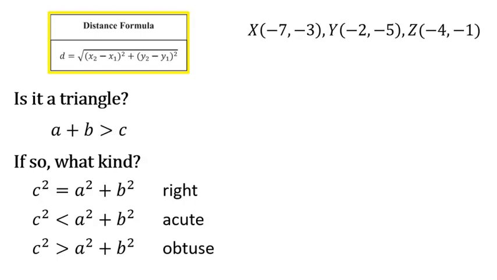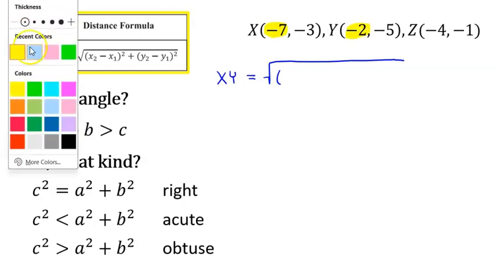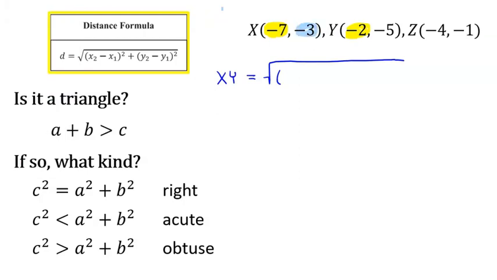So with our distance formula, we have x and y, and I'm just going to go straight through it. First, let's kind of highlight these. And so we've got -7 minus -2 squared plus -3 minus -5 squared.